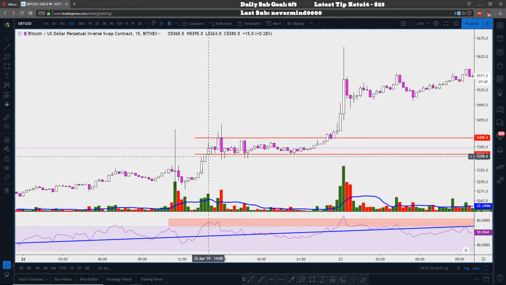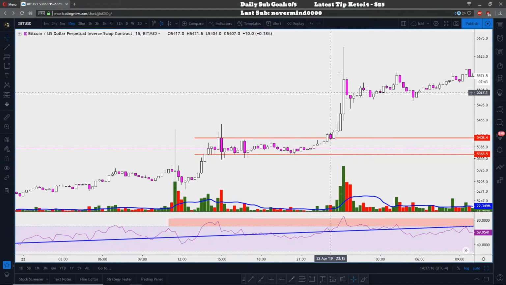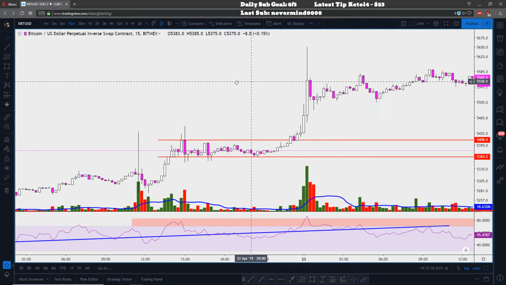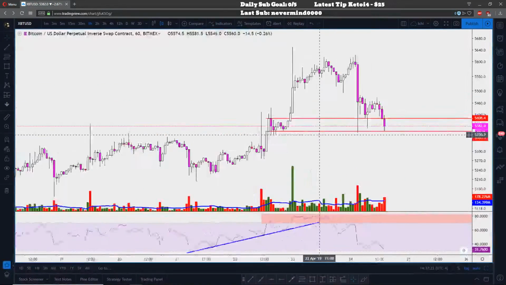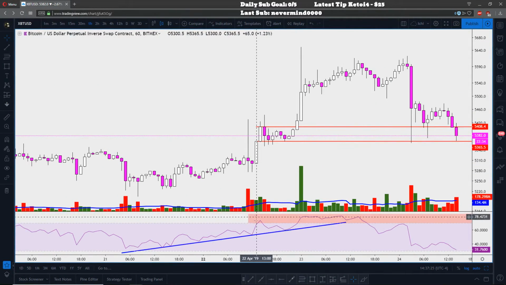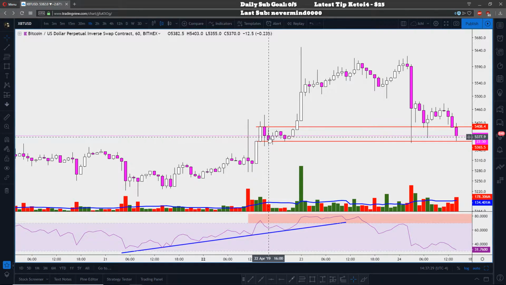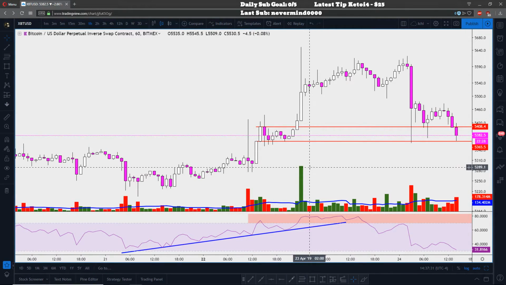High volume push up, low volume consolidation, high volume push up. So if we're looking at the RSI pattern and we think, oh, this is going to reverse, I'm not going to long this, it's overbought, it's going to reverse, you just lost that trade.